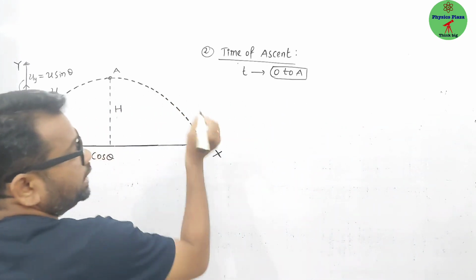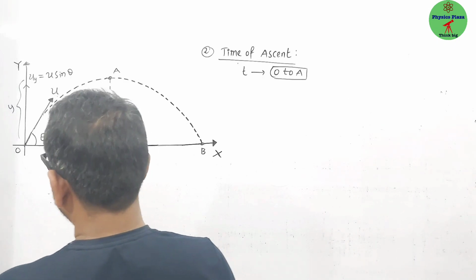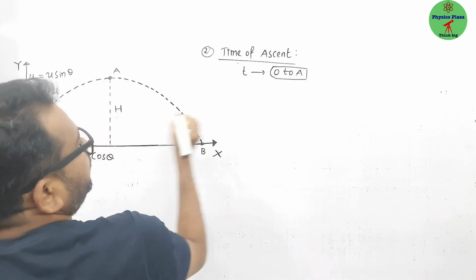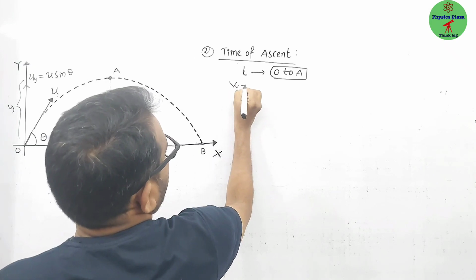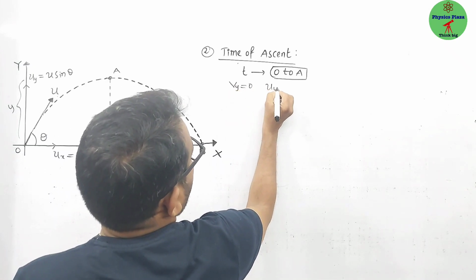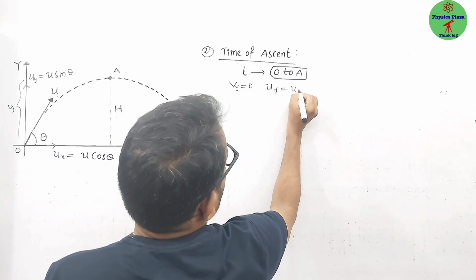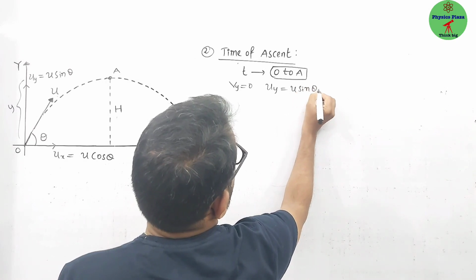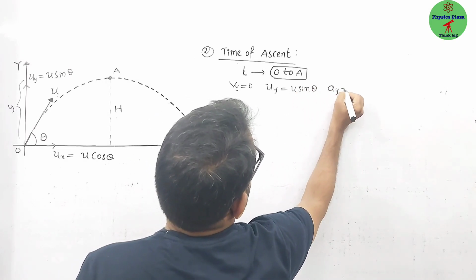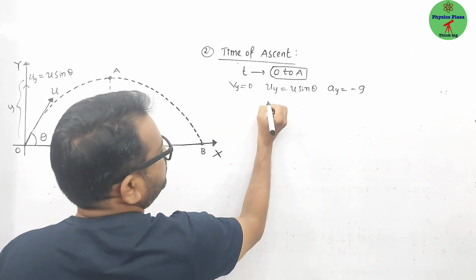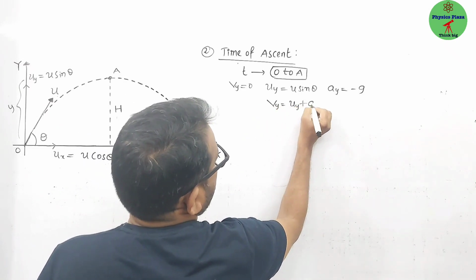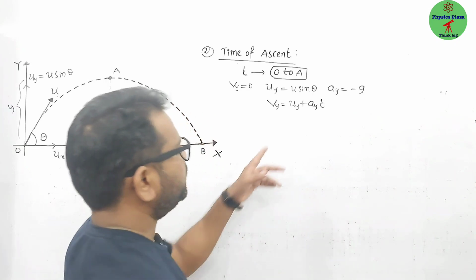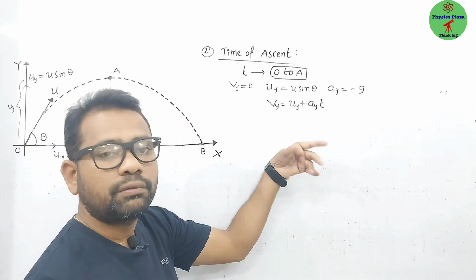So children, now in the vertical motion, let us try to calculate. At point A, at the maximum height, of course Vy is 0 and initial velocity in vertical direction is u sin theta and ay is equal to minus g. So let us apply this formula. Vy is equal to uy plus ayt. That is simply v is equal to u plus at, but we are applying it now vertically upward.